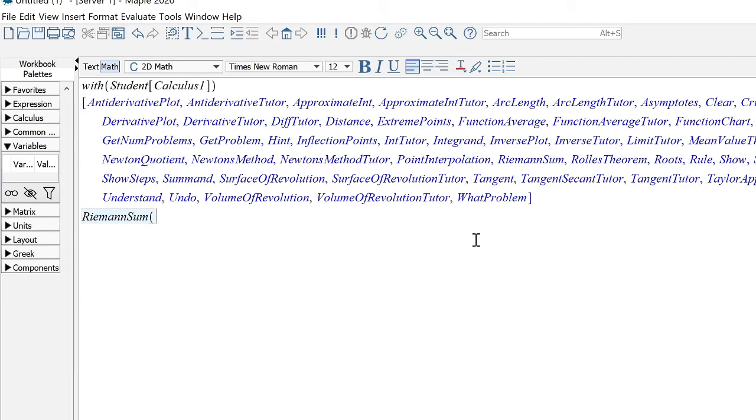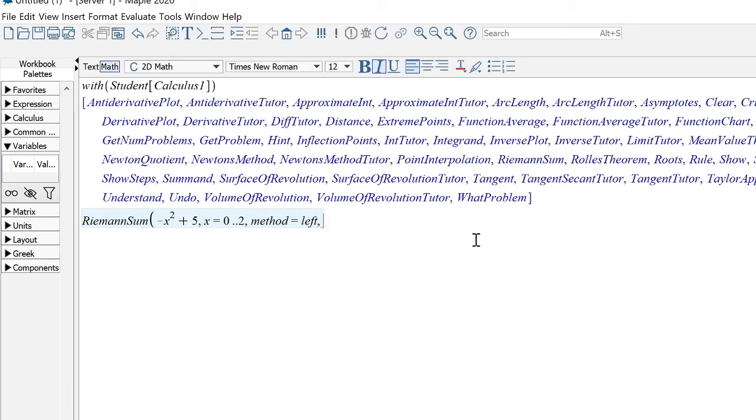So anyway, the function that we had earlier was, I believe, negative x squared plus 5, and we're doing this from x equals 0 to 2. So we first did the left sum.